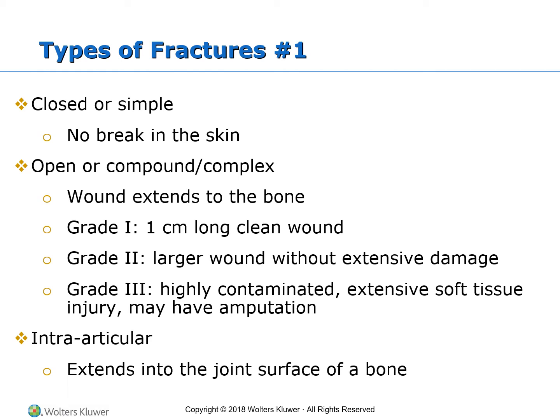Compound fractures are graded 1, 2, and 3, depending on the amount of damage to the soft tissue and the surrounding tissue and skin, as well as the bone. Okay. And then you can have an intra-articular fracture. You can have a fracture actually in the joint itself, and it can extend to the joint surface of the bone. And we talk about hip fractures a lot whenever we talk about those types of fractures.